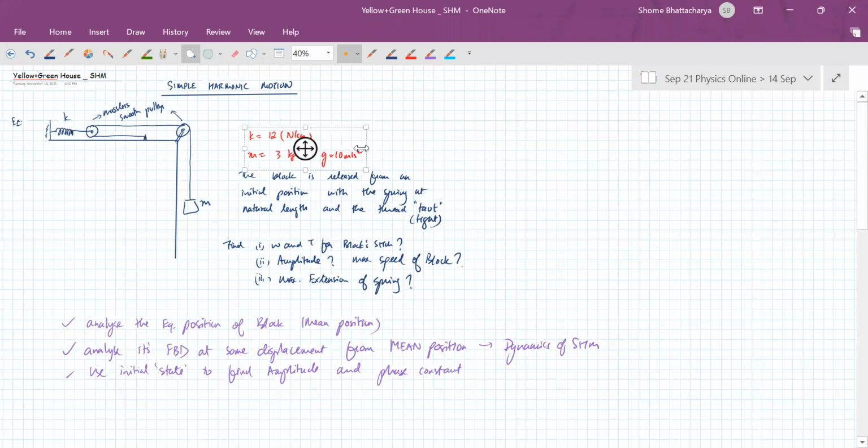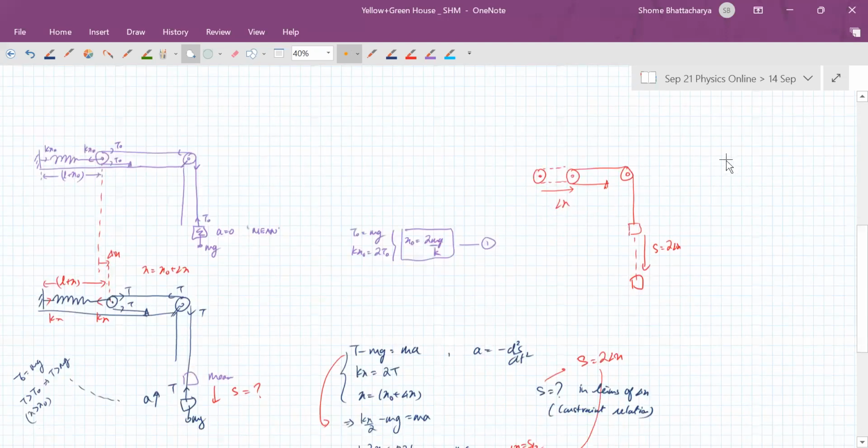Basically, see, these are the values you'll require to solve it. So I'll put the values here.